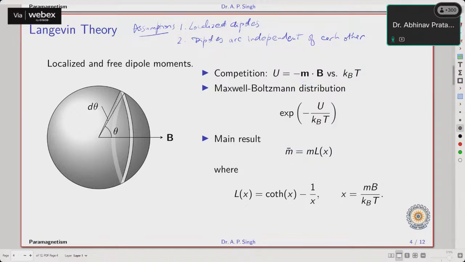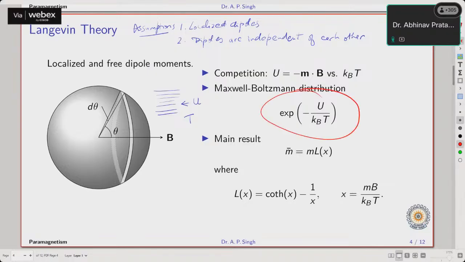What we are going to use is the Maxwell-Boltzmann distribution. It says that if you have a system with several energy levels, and I ask what is the probability that a particular level, whose energy is U, will be occupied at temperature T, that question is answered by this expression.